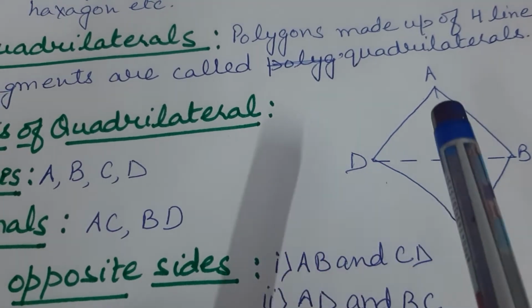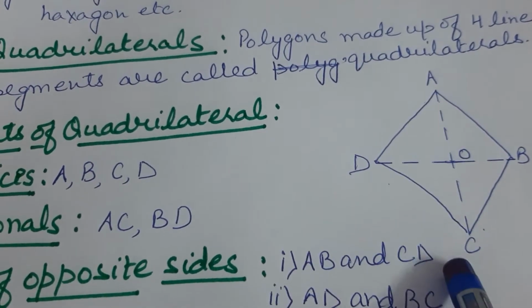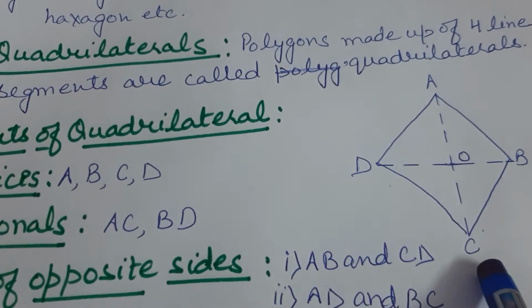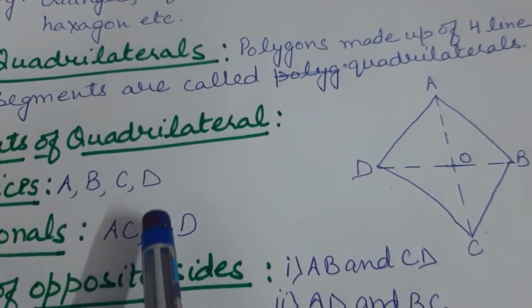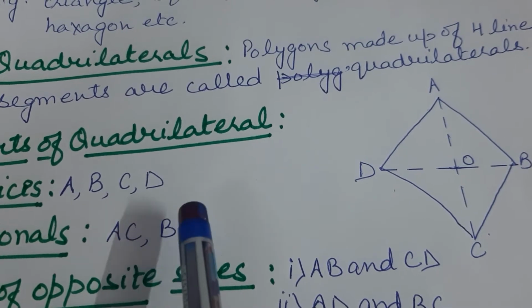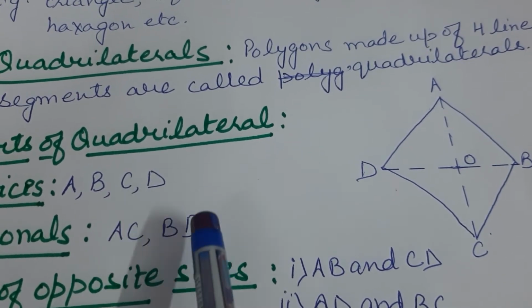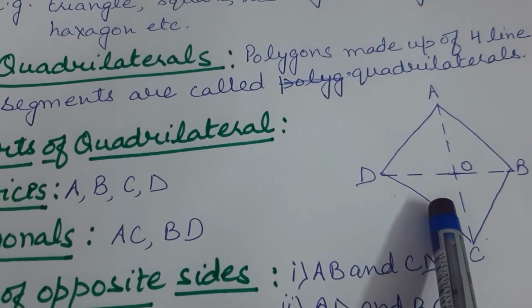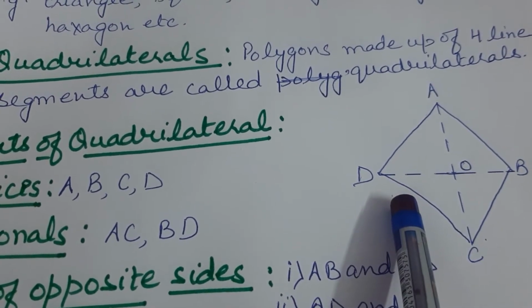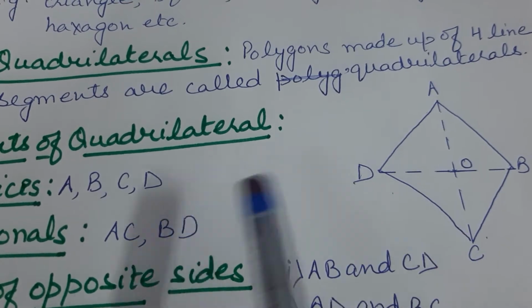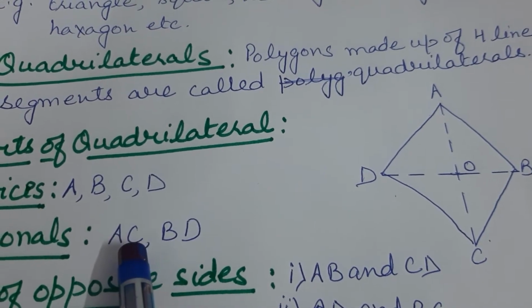So diagonals of this quadrilateral are AC, joining opposite vertices, and BD. When we write the name of any side, any angle or any part of the figure, we always try to write in alphabetical order.